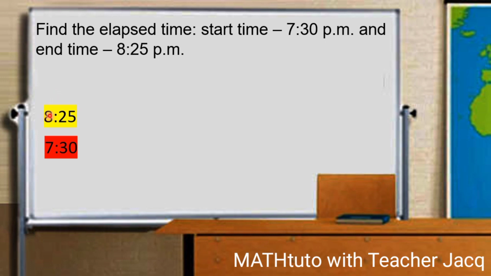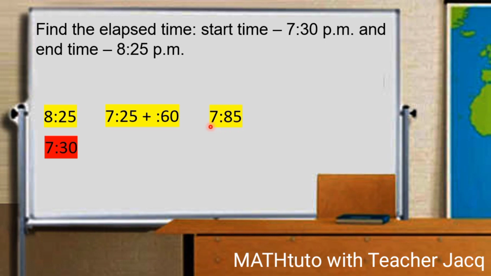Okay, so hihiram tayo dito kay 8 hours ng 1 hour, and then ililipat natin kay minutes. So, we all know that 1 hour is equivalent to 60 minutes. So, we have now 7:25 kasi kinuha natin yung 1 hour. Then, idadagdag natin yung hiniram natin. 1 hour is equivalent to 60 minutes. So, 25 plus 60 is 85.